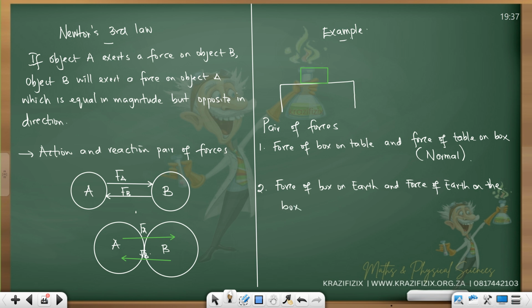And this one here, the force of the earth on the box, is actually known as the weight or the gravitational force. So weight is the force of the earth on an object.